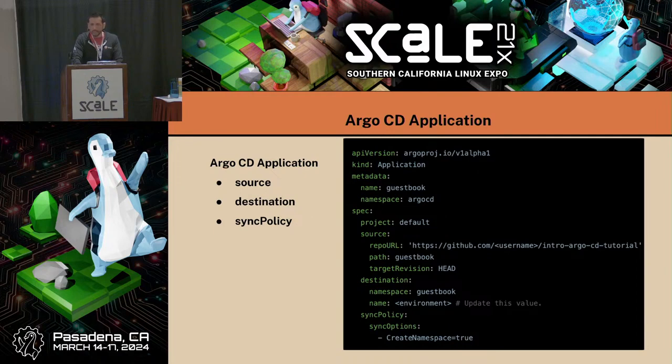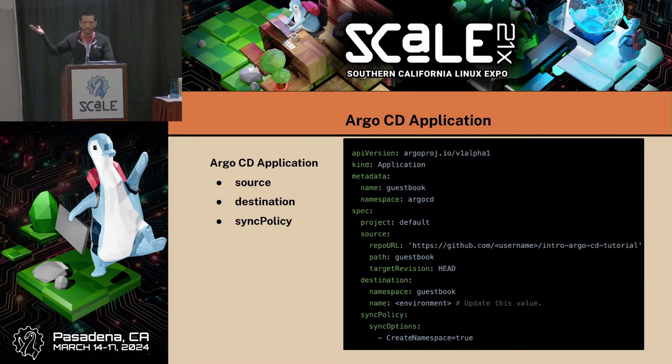I mentioned Argo CD application. So Argo CD application, like I said before, is a unit of work. It is basically a collection of related manifests, Kubernetes manifests specifically. And the basic principle of it is you define your source, you define your destination, you define the sync policy. For example, the source is this Git repo.